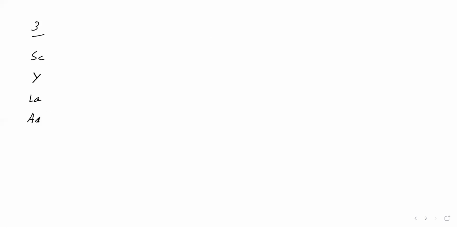So in group 3B, all the elements form metallic hydrides. Then group 4 we will take. In group 4, titanium, zirconium, hafnium form metallic hydrides. In group 5, vanadium, niobium, tantalum form metallic hydrides. In group 6, chromium forms metallic hydride.